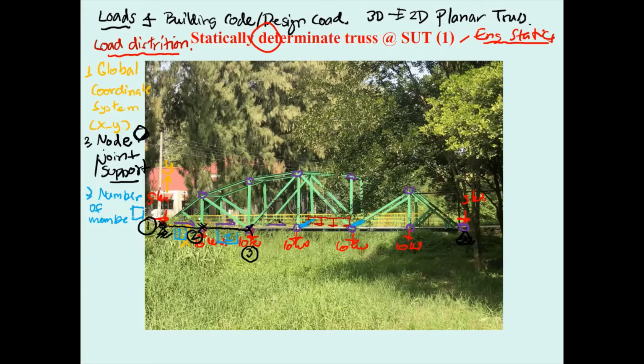For example, if you put the member in this direction, you're going to set the local coordinate, number 4, as the local coordinate system. Okay, that's going to be in the direction when you mark this point and drag the line to this point.